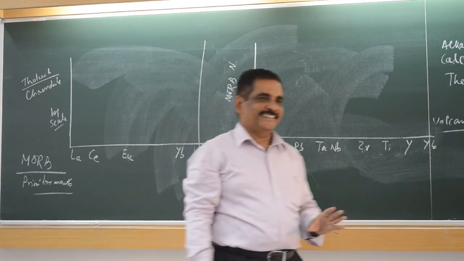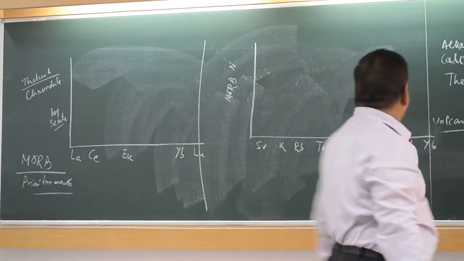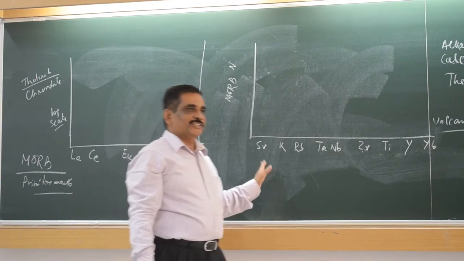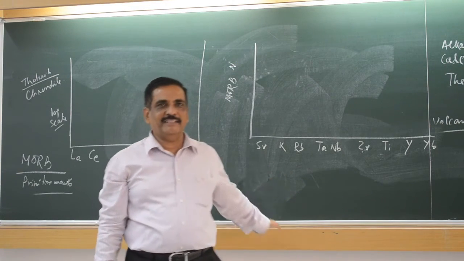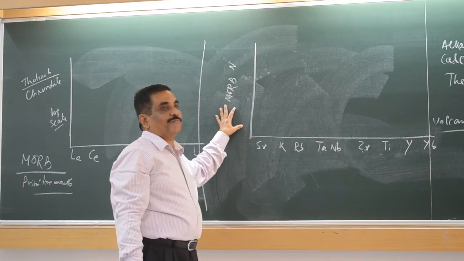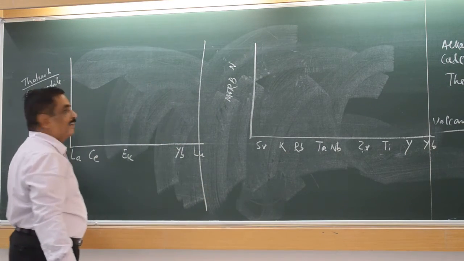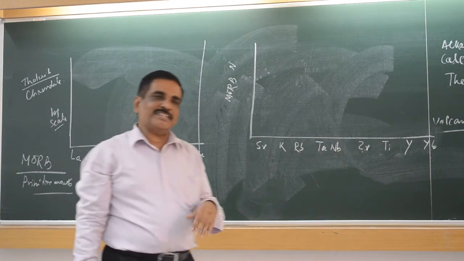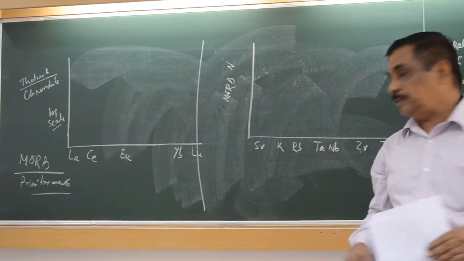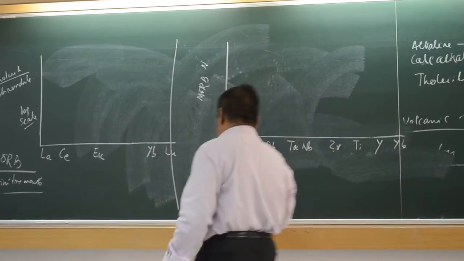Understood? These are two different diagrams. One diagram is purely REE. Another diagram is some trace elements, some REE. So the trace elements and REE together are normalized with mantle, and the REE is normalized with chondrite. These are some of the standard diagrams which have been made. You can very well use them if you are working with a linear methodology.